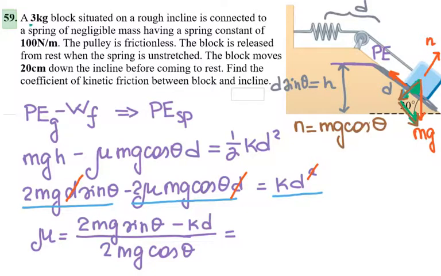And I have the mass given, the spring constant given, the distance given, 20 centimeters or 0.2. If I plug in all these numbers, I'm going to get mu is equal to 0.19, and that is my answer for this question.